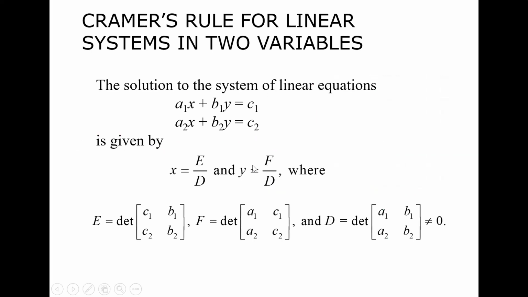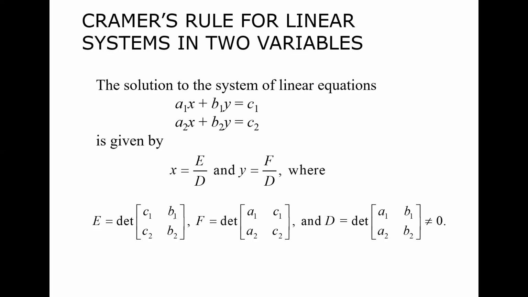What about Cramer's rule? Here we have a rule for linear systems in two variables. The solution to this system of linear equations is given by x equals e divided by d, and y equals f divided by d. Well, what are e, f, and d? E is going to be the determinant of c1, b1, c2, b2.